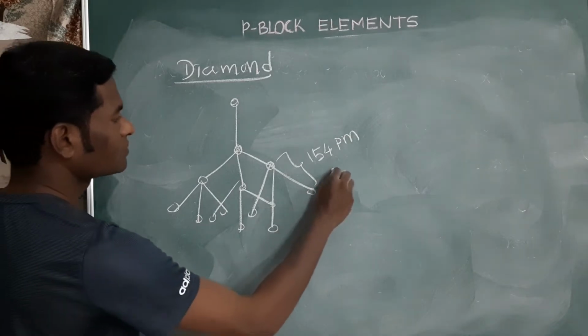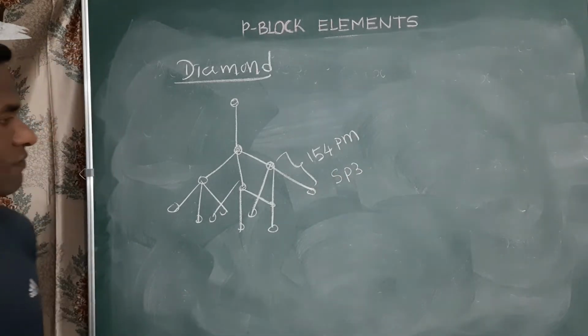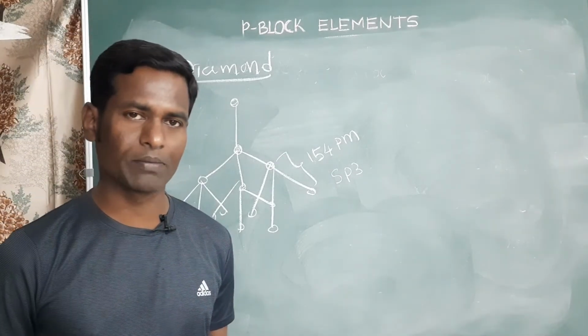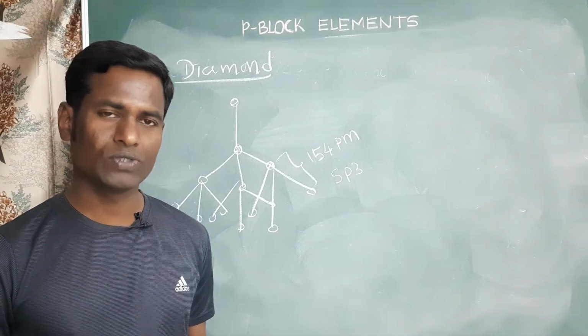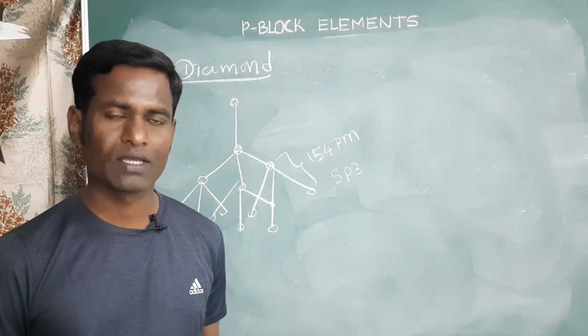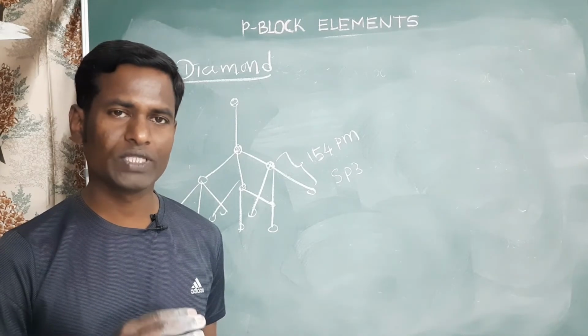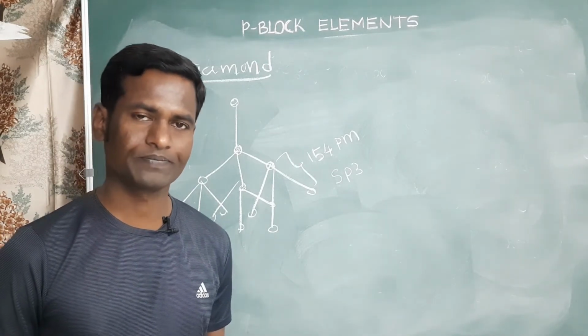It has sp3 hybridized carbon atoms. They are linked with strong covalent bonds. Due to that, diamond is the hardest substance on planet Earth. All the 4 electrons are involved in the formation of bonds, so they do not conduct electricity.